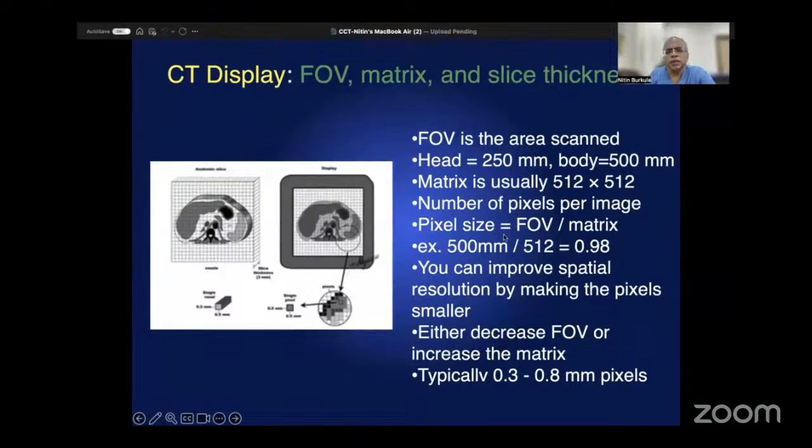The best way to reduce the pixel size is to minimize the field of view, because generally the matrix will be fixed at around 512. So we can typically get anywhere between 0.3 to 0.8 millimeter pixels. Most CT images or CT coronary angiograms will have a pixel size of around 0.5 to 0.6 millimeter.